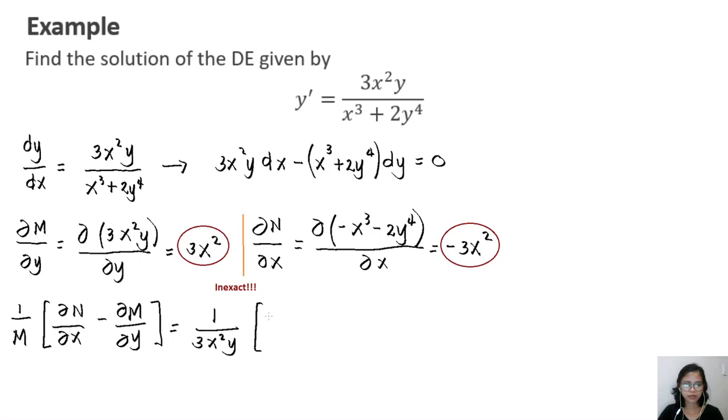This is negative 3x squared minus our partial derivative of M, that is also 3x squared, but positive. Simplifying, this would be negative 6x squared all over 3x squared y, which is equal to negative 2 over y.